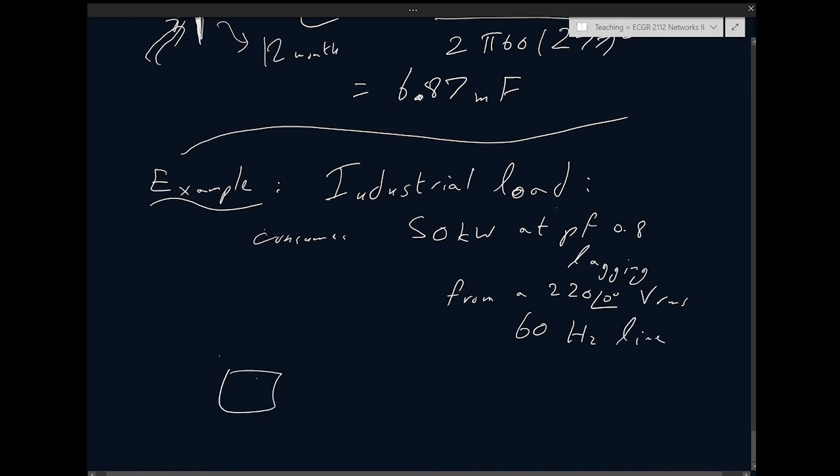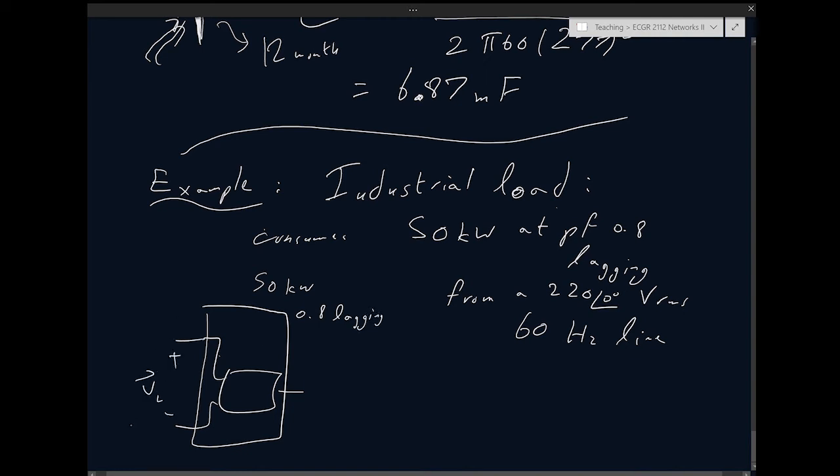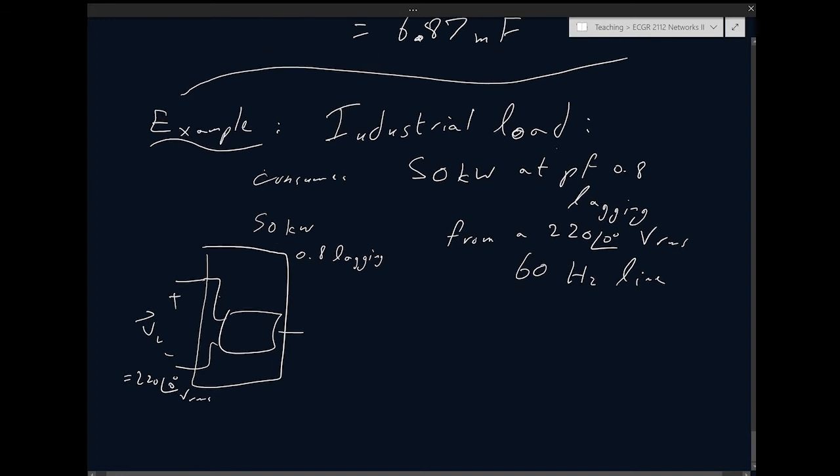So this industrial motor that's used to build kayaks is a load, 50 kilowatts, 0.8 lagging, and the line voltage V line is 220 at 0 degrees volt RMS, of course. Again, it's more conventional to give RMS values. And this is a 60 hertz line.